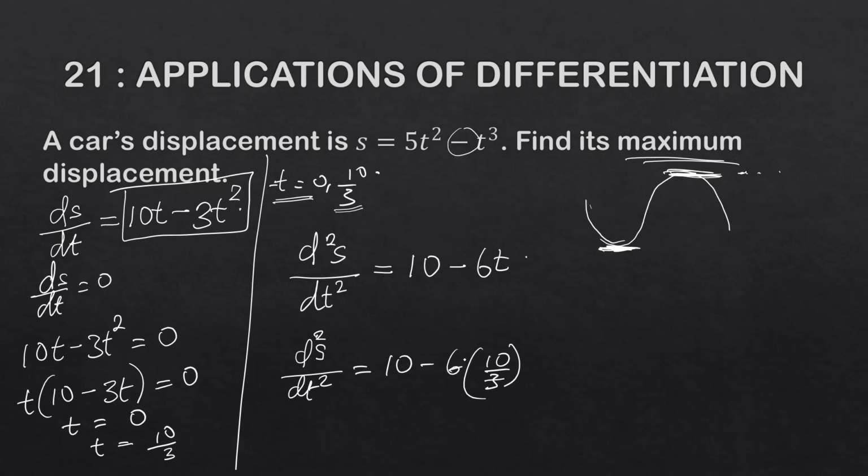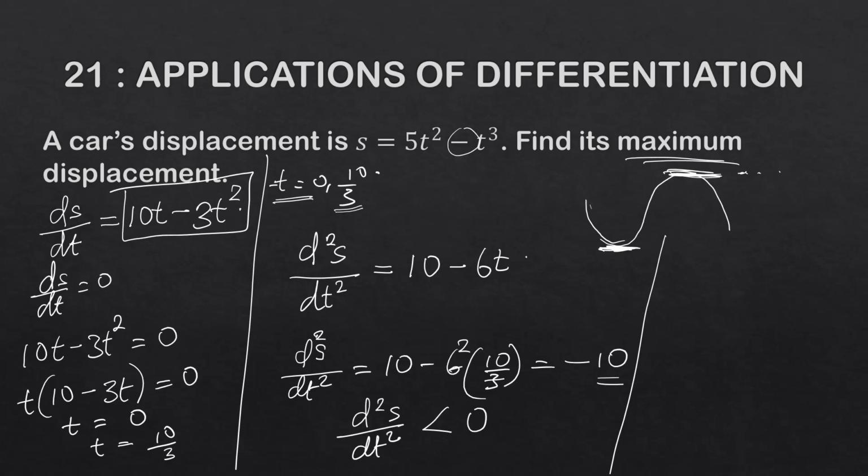So this cancels, this is 2, which is going to be minus 10, because minus 10 is the answer. Minus 10 simply means that d squared s over dt squared is less than 0. If it is less than 0, we say it is decreasing, and that is maximum, right?